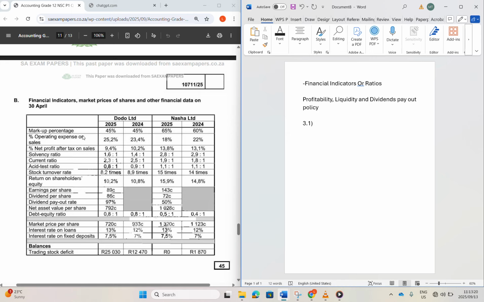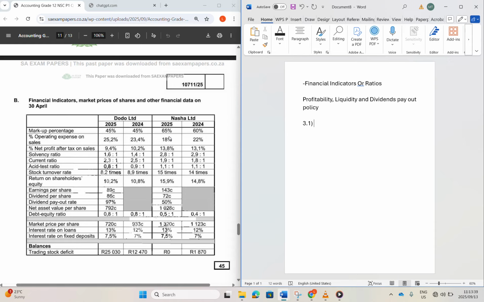Okay, let's come to the operating expenses. We can see also their expenses increased from 3.4 to 25.2, which is not a good thing, but we are looking for good things, improvements. This one, their expenses decreased from 22% to 18%, which is a good thing.